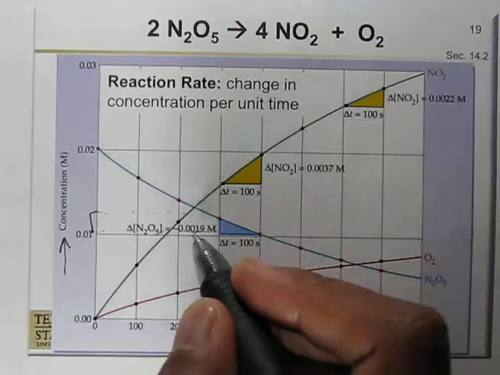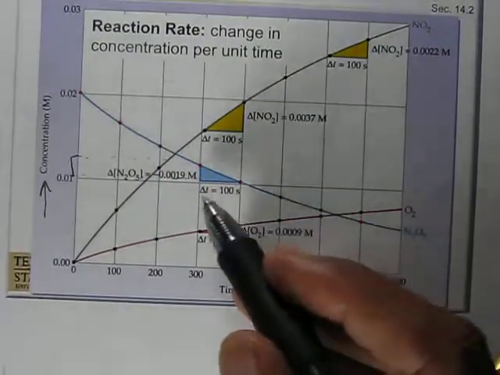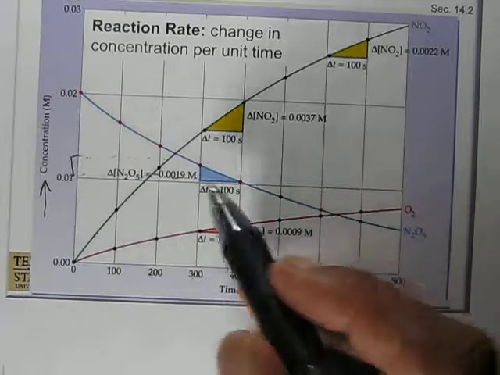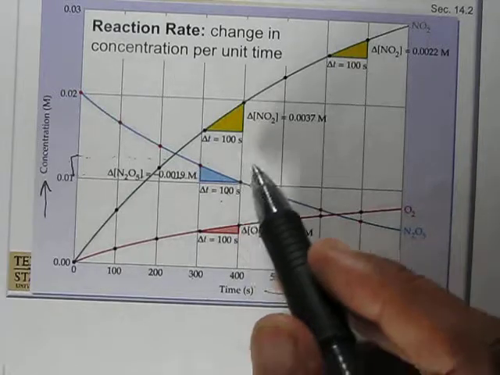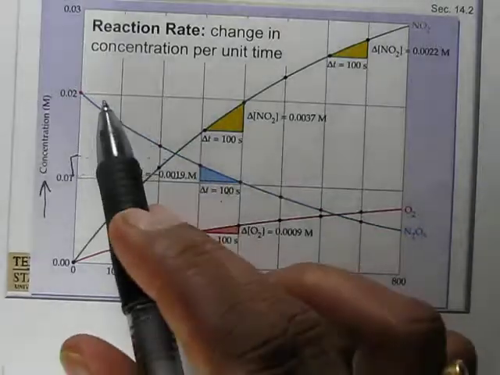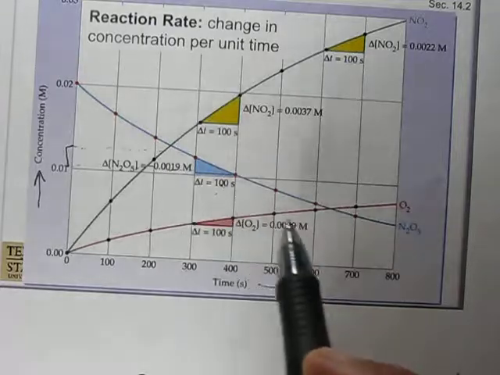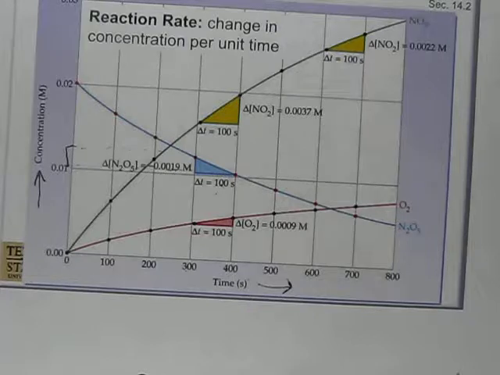This will be 0.0019 molarity, and the time between these two points is 400 minus 300, which means 100 seconds. So dividing this by this, you get the rate. You can get the rate at each point, and you can see the graph is reducing. It shows the molarity of the reactant is decreasing over time, and these two graphs show the molarity of the product is increasing over time.